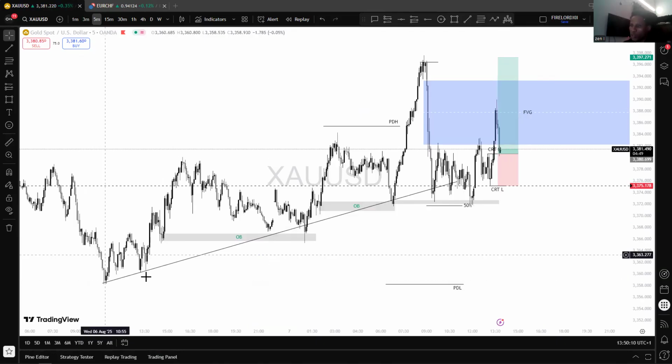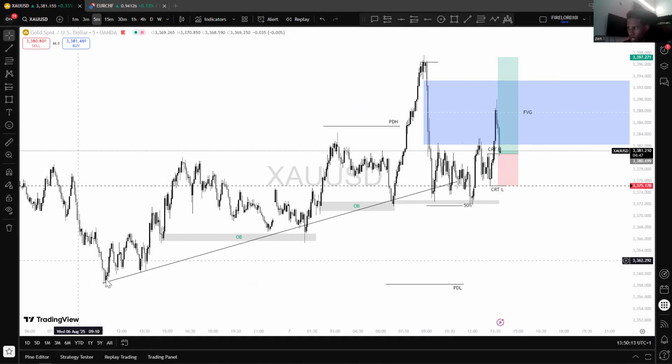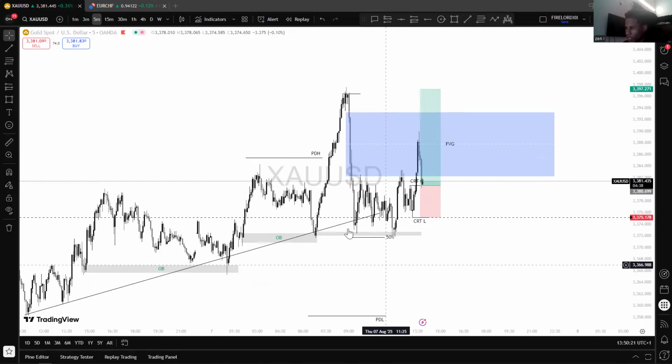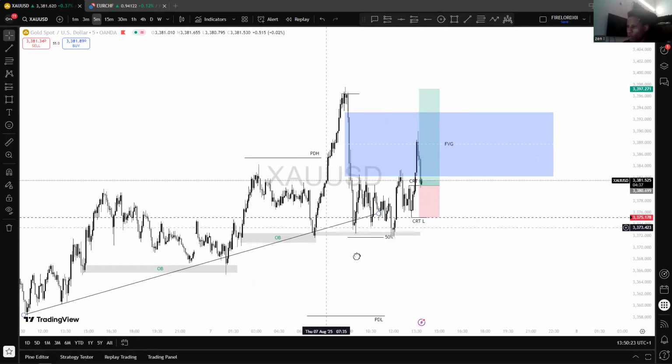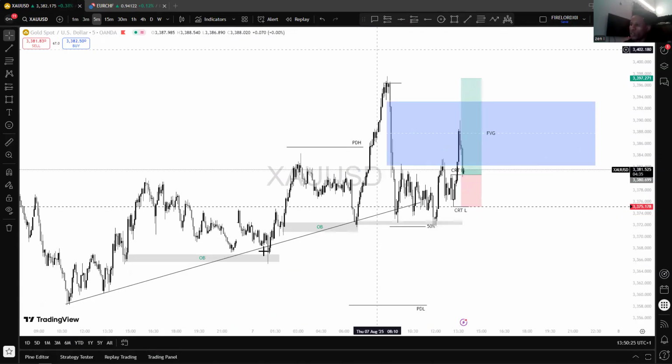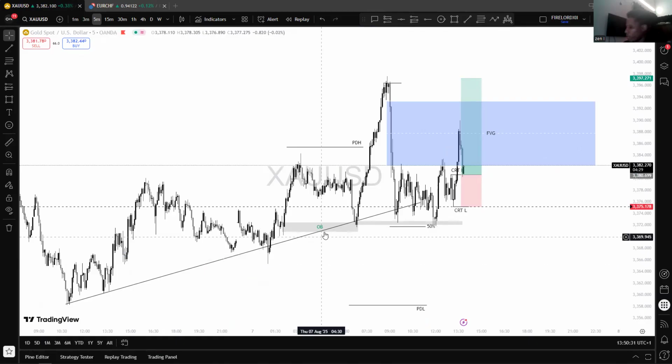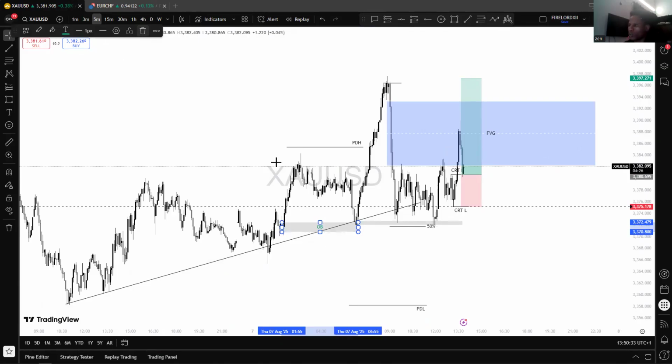So this is the beginning of the swing point, and we can see price did not close above any of the lows.